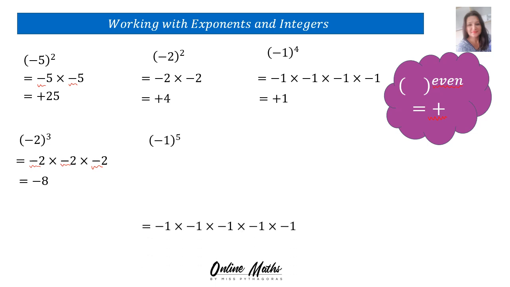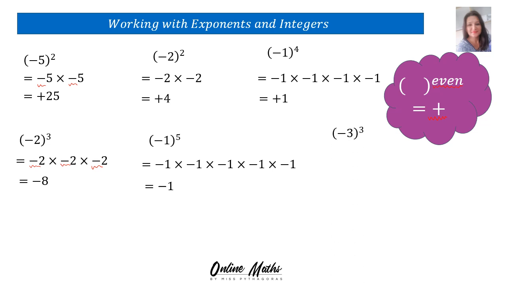-1 to the power of 5 means -1 times -1 times -1 times -1 times -1, which is equal to -1. -3 to the power of 3 means -3 times -3 times -3. And then you can say a minus times a minus is a plus times a minus is a minus.